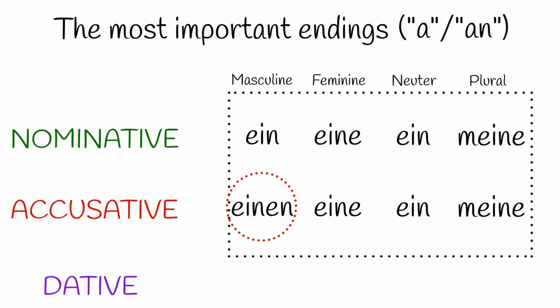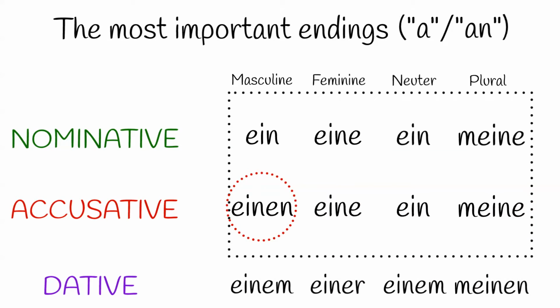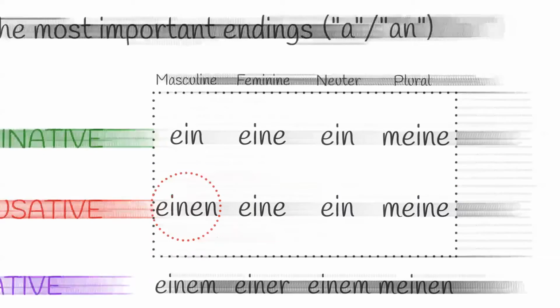In the dative, which you will become more familiar with over time, we have einem, einer, einem, and meinen. Just so you're aware, the final column is different from the rest because, of course, we can't say a in the plural form. So I've chosen a word, my, which has the same endings and therefore shows us the pattern.